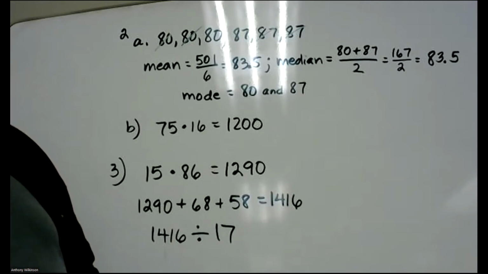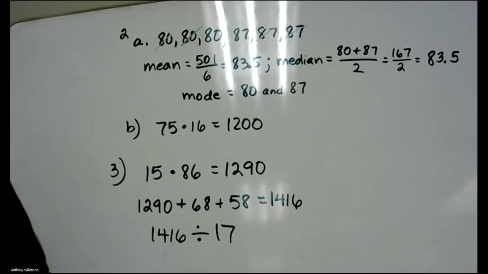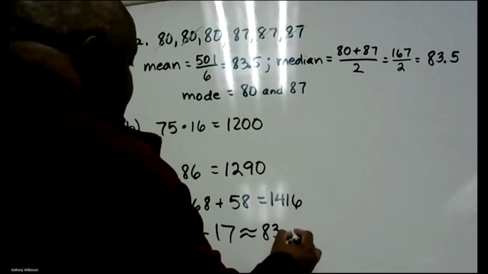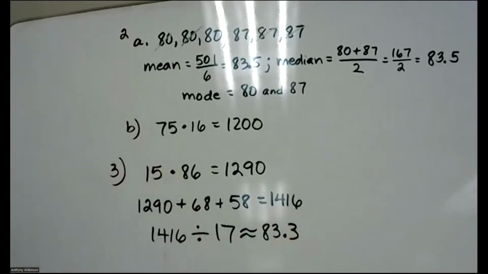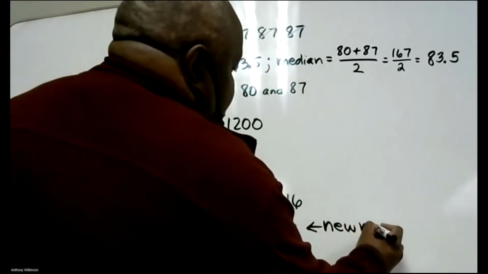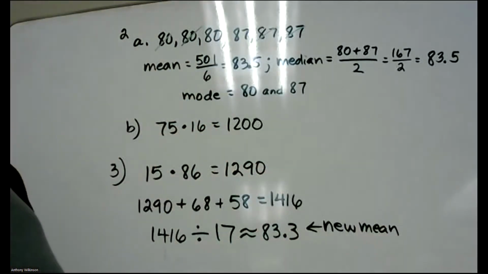So 1,416 divided by 17 would be, let's say, to 1 decimal place, 83.3. So the new mean would be approximately 83.3. Okay. Questions on problem number 3?